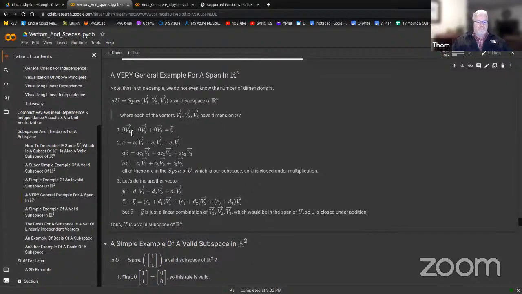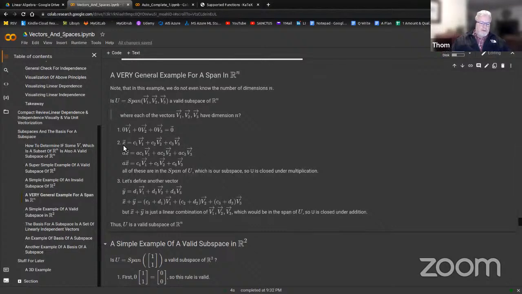Well, let's check it. If I multiply 0 times V1 and 0 times V2 and 0 times V3, and 0 is part of all the real numbers, then I will get the 0 vector. So, yep, it will yield the 0 vector. Now, is it closed under multiplication and addition?